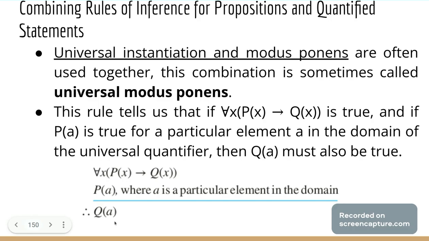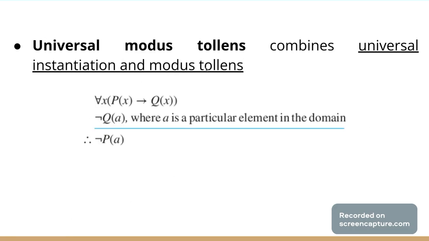Similar to this, we have universal modus tollens. There we had not Q, P implies Q, concludes not P. So here we have the universal generalization for all x, Px implies Qx, and we have the instance not Qa, where a is a particular element in the domain.